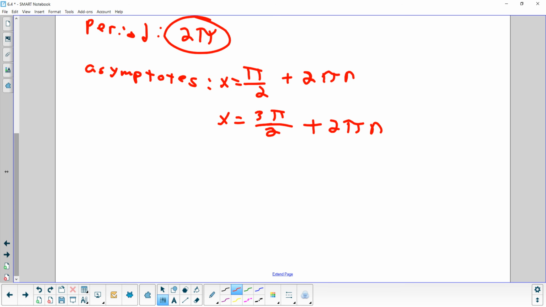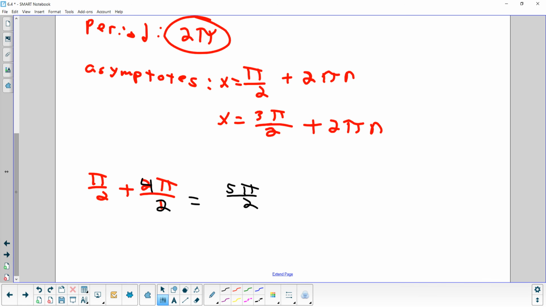Now, let me show you something quick that you could do. The first one is pi over 2. If you add 2 pi to that, what's the common denominator? 2. Multiply by 2. What's pi over 2 plus 4 pi over 2? 5 pi over 2.